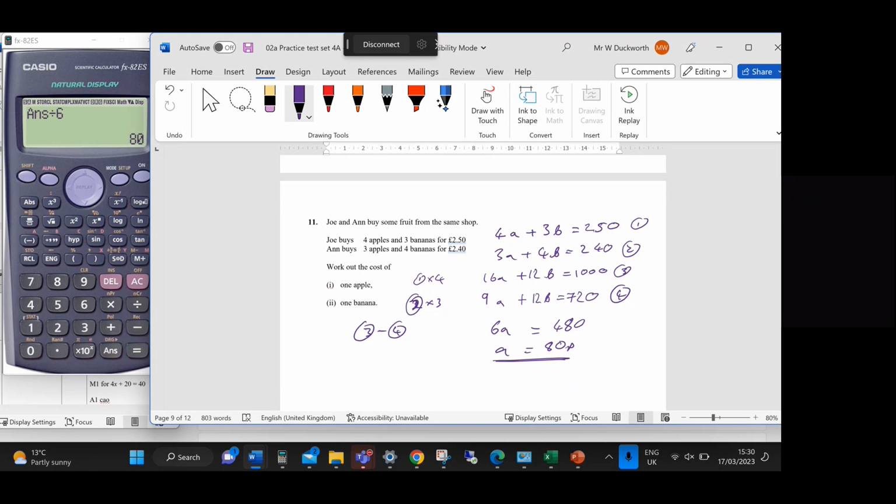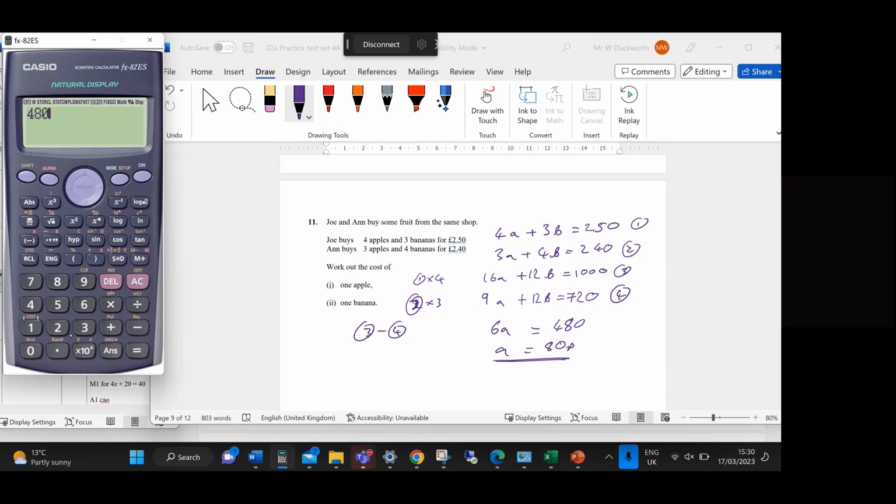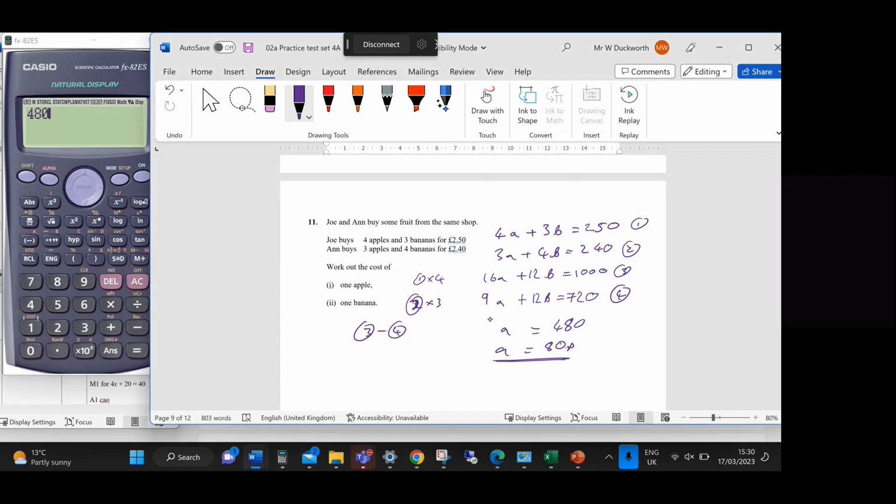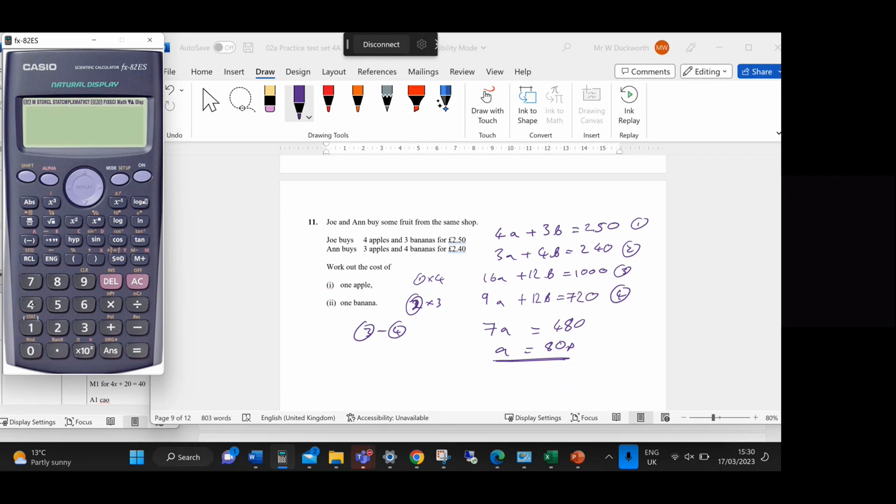Pardon? Oh, great point. Yeah. So 16a take away 9a would be 7a. Another silly mistake there. So let's try that again. 480 divided by 7 would give us not a very nice answer.